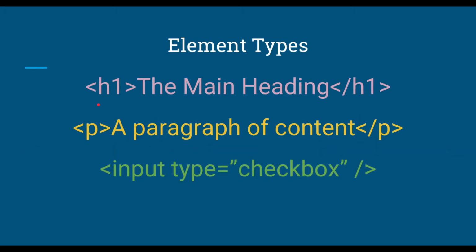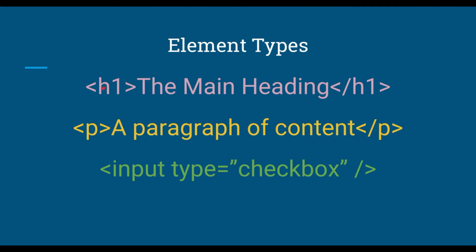If you look at this H1, we have an opening angle bracket, looks like a less than sign, and the greater than sign, which is also a closing angle bracket. And then we define what the element is. This is an opening tag altogether. Over here, we have an opening angle bracket, a closing angle bracket, but then we have this slash defining where this closing tag ends the element.